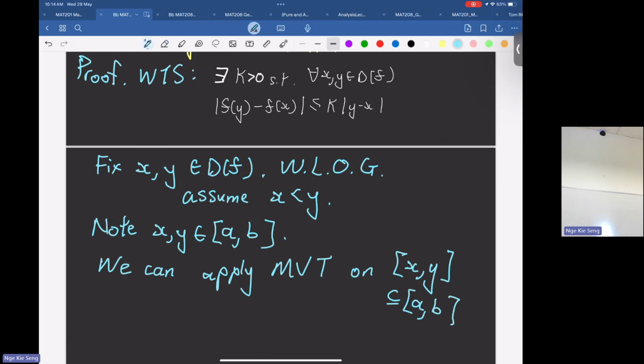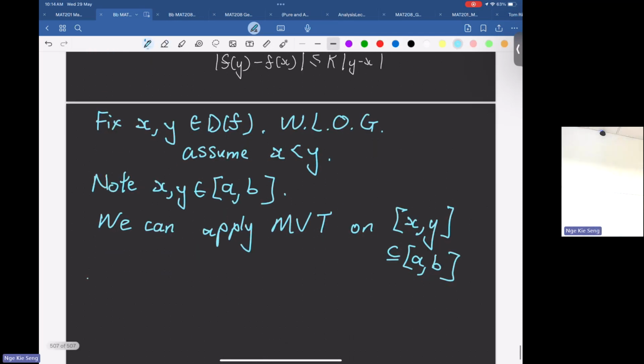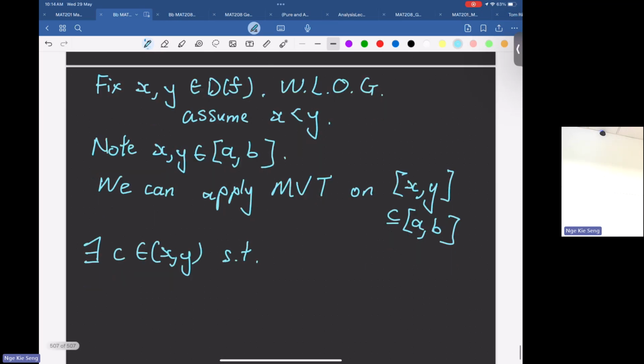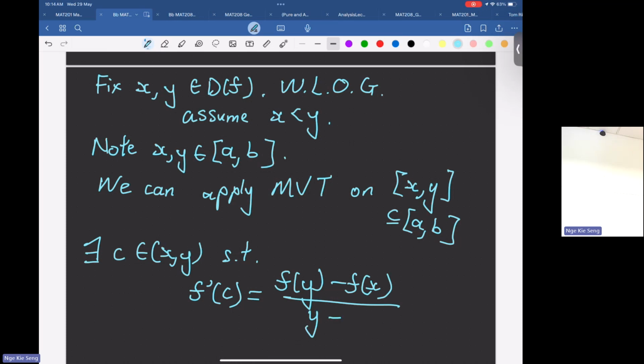So by the mean value theorem, there exists a c in the open interval (x, y) such that f prime c equals f(y) minus f(x) over y minus x.